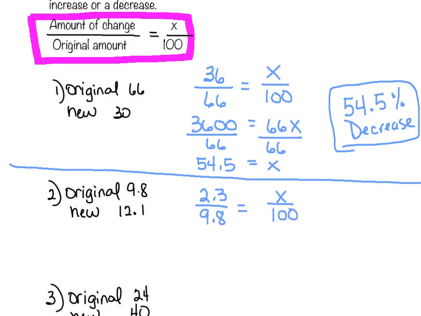Okay, let's go ahead and cross multiply. 2.3 times 100 is 230 equals 9.8x. In order to solve for x, I need to divide both sides by 9.8.